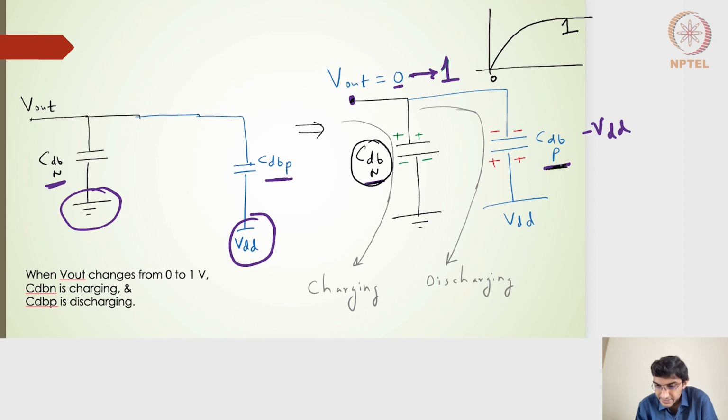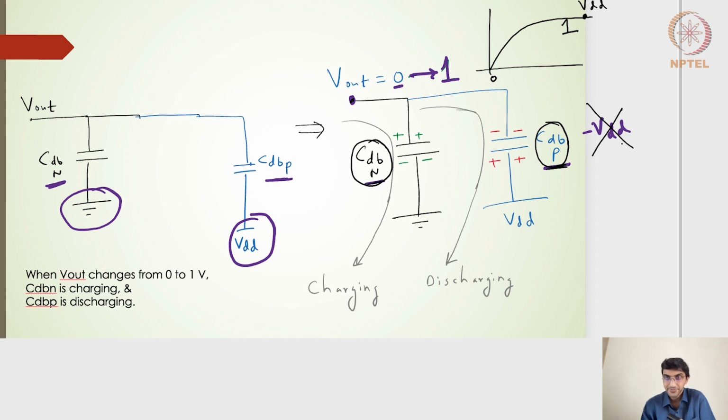Once the output voltage reaches 1, that means the VDD value, what really happens is that whatever charge the capacitance here has accumulated should actually go away.